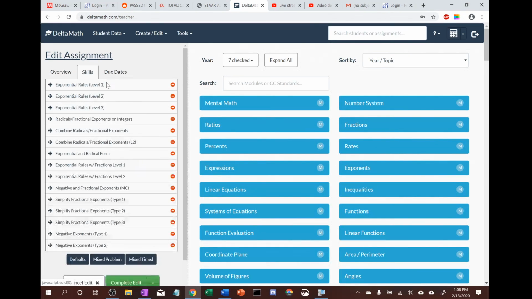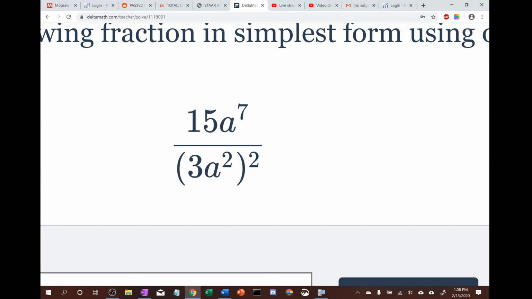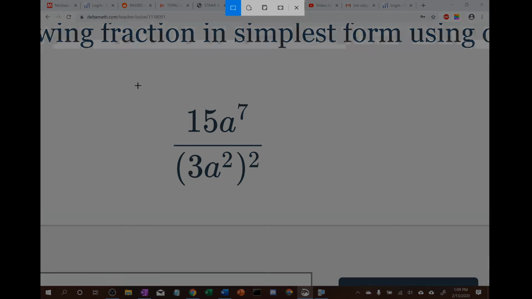They're going to look like this. It doesn't have anything to do with logarithms. It's just simplifying exponents. You can't put these in the calculator. They're easy.